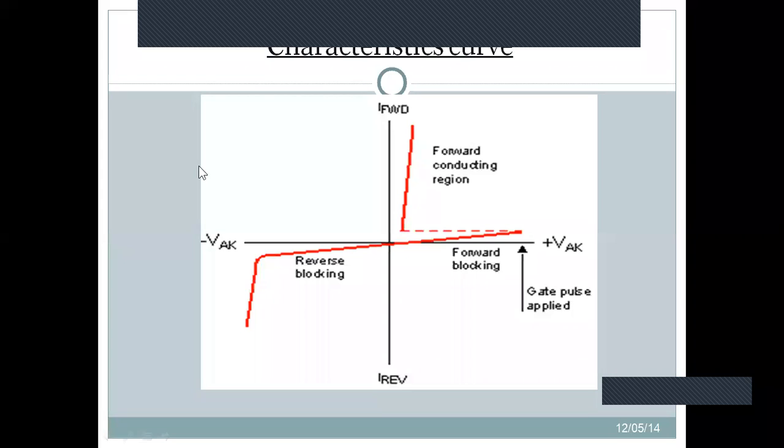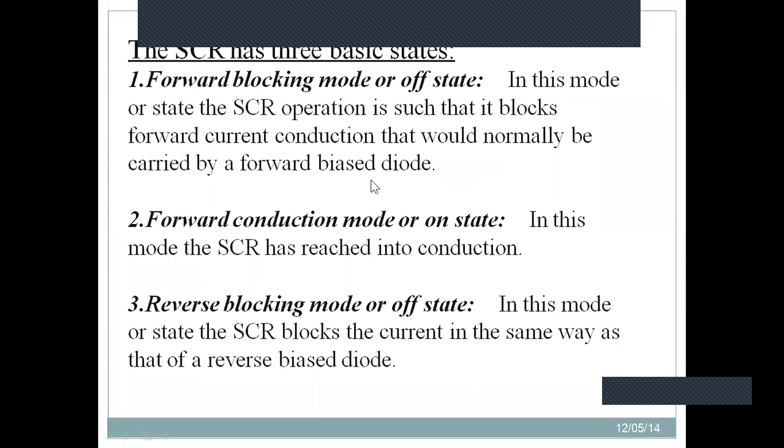Now, based on the characteristics of the SCR, we have three states. First state is forward blocking mode. In this state, the SCR blocks the forward current conduction that would normally be carried out under forward bias of a diode.